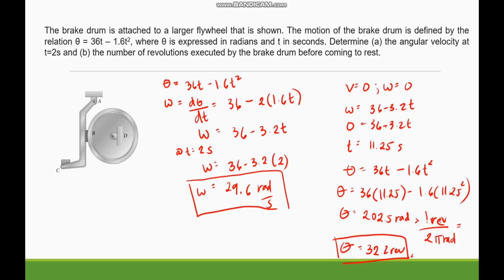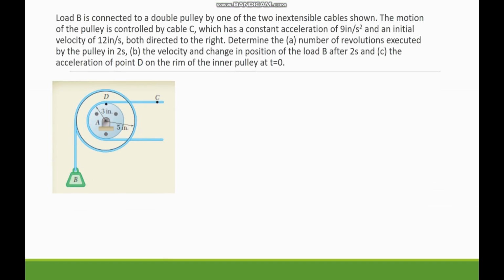For problem number 2, load B is connected to a double pulley by one of the two inextensible cables shown. The motion of the pulley is controlled by cable C, which has a constant acceleration of 9 inches per square second and an initial velocity of 12 inches per second, both directed to the right.